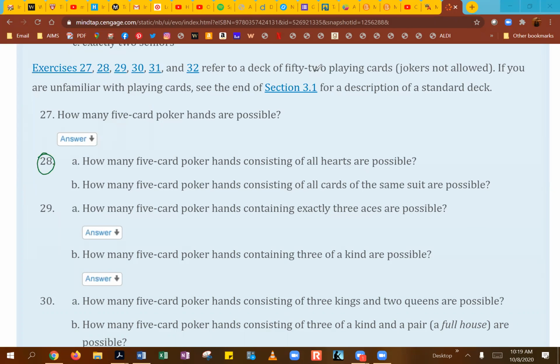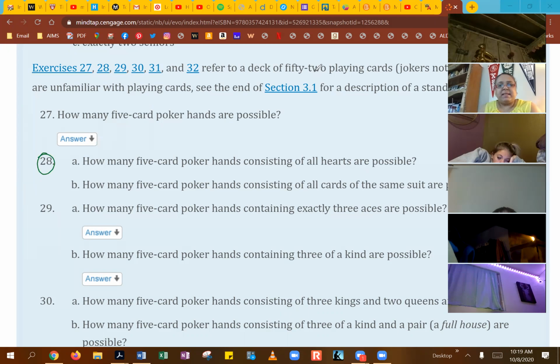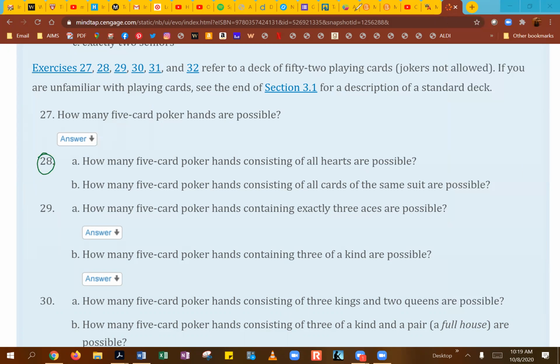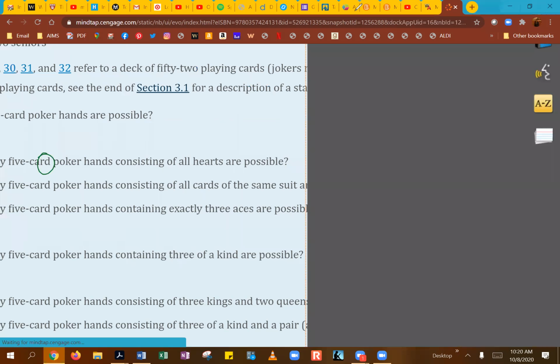Again, jokers are not allowed. They want to know how many 5-card poker hands consisting of all hearts are possible. And then the second one asks how many 5-card poker hands consisting of all cards of the same suit are possible. So again, if you need to see what a deck of cards looks like, you can click on this.